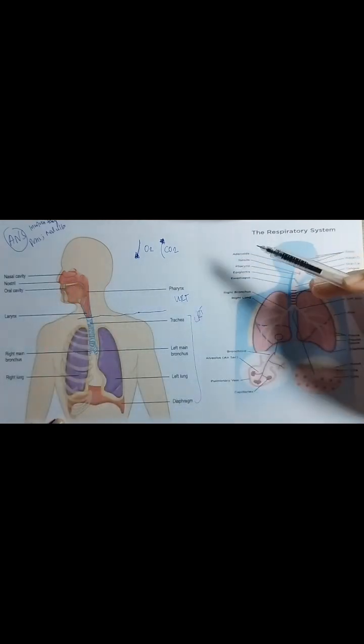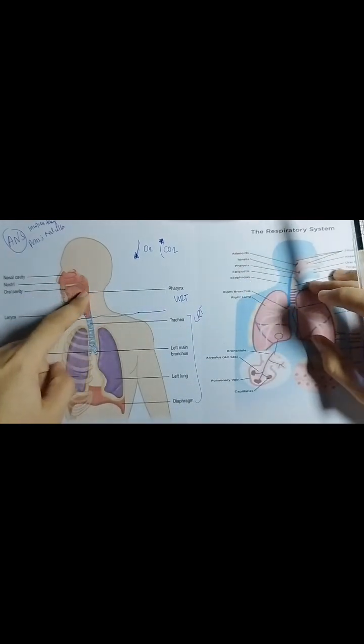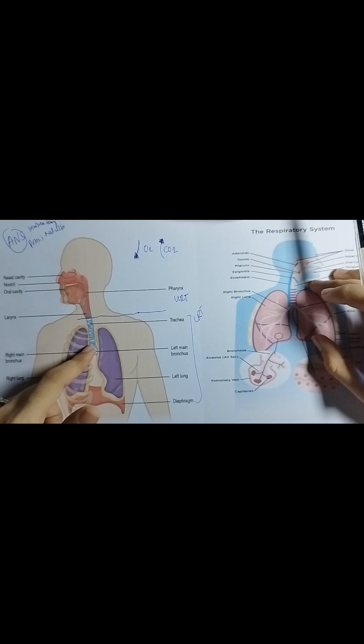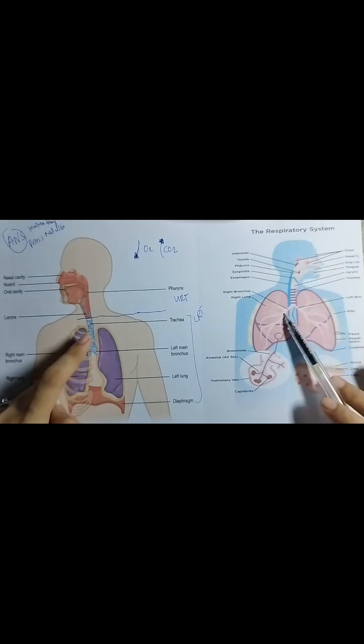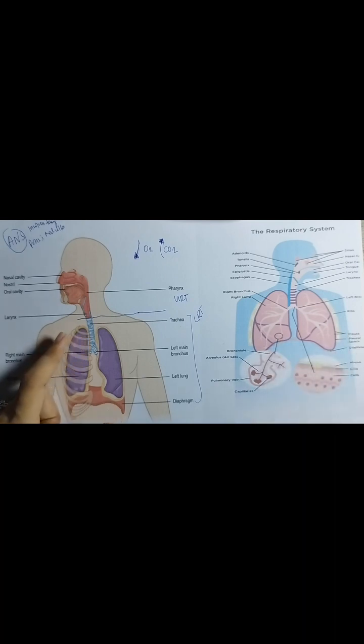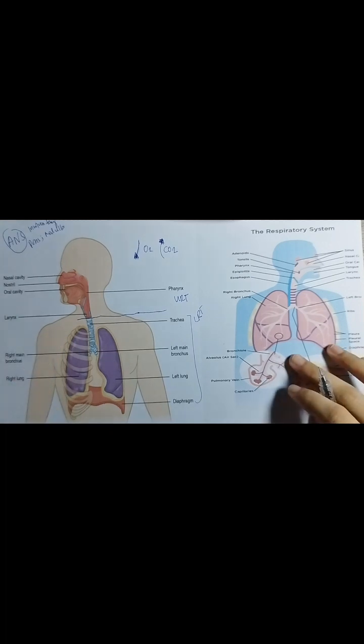And then the air travels pababa to the pharynx, to the larynx, to the trachea, down to our right and left main bronchus. From the bronchus, pumunta na yan sa ating lungs, sa bronchioles, and then sa end ng mga bronchioles, dyan ang ating alveoli, which are the basic units of gas exchange. That's where the gas exchange happens.